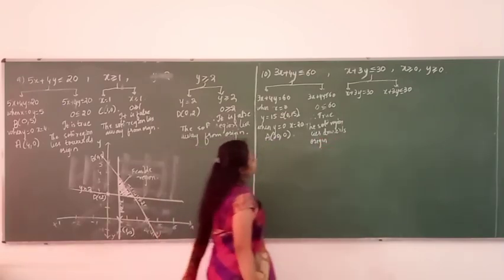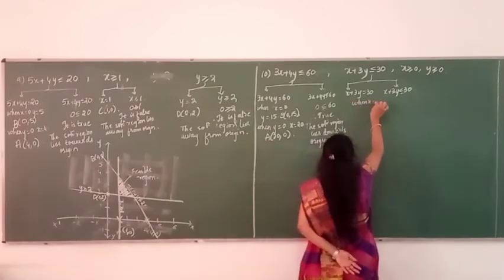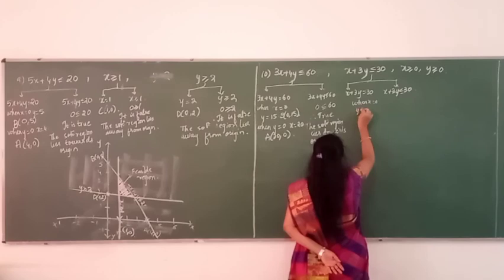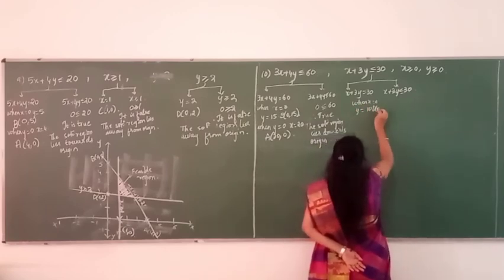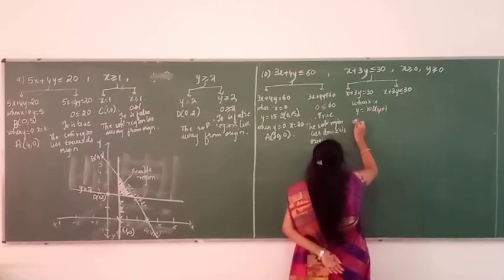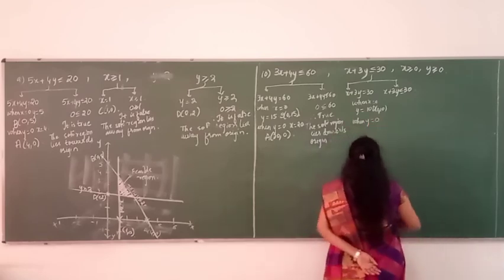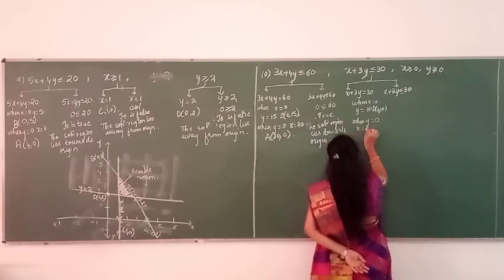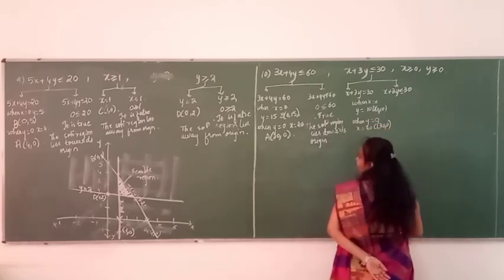And the next one is when x is equal to 0, so y will be 10, which is nothing but B is equal to 0 comma 10. And next when y is equal to 0, so x is nothing but 30, C is equal to 30 comma 0.